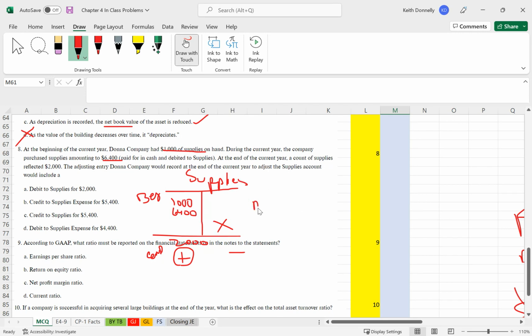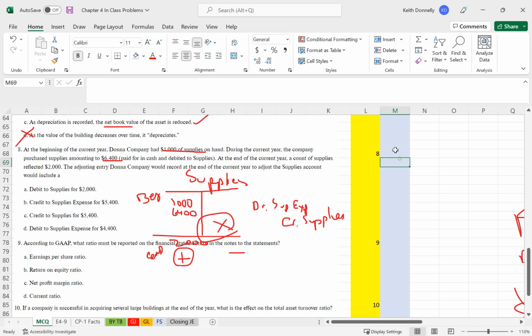In other words, what should we do for debit supplies expense, reduce the supplies. So the answer for 8 is going to be C. What you're doing here is just simple arithmetic.